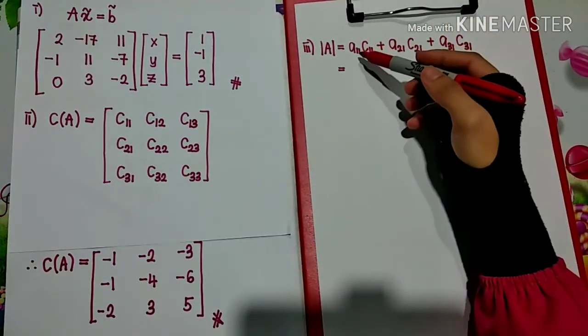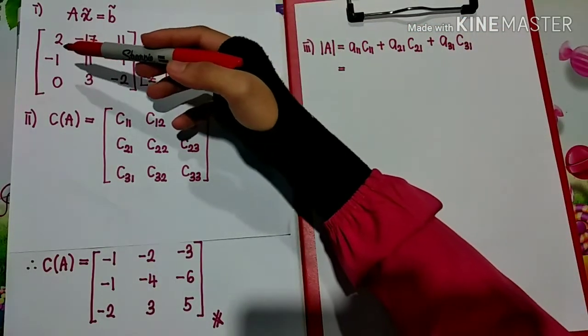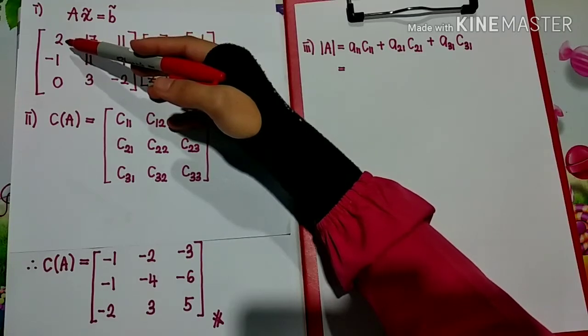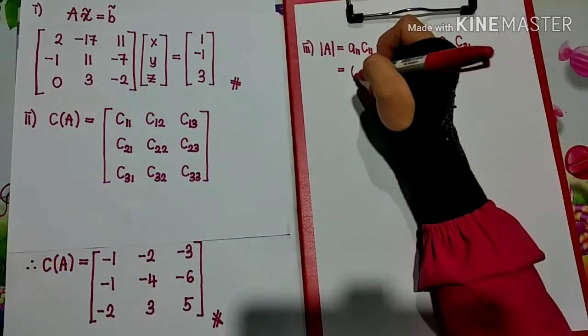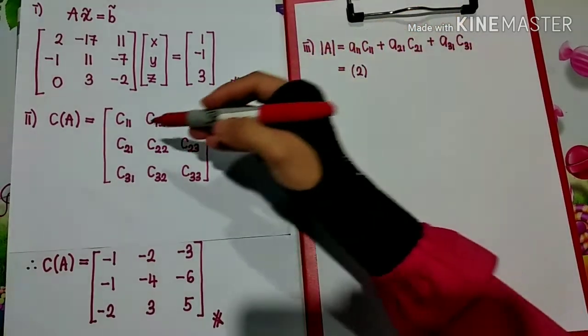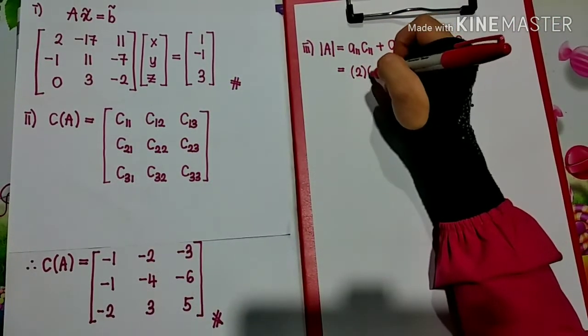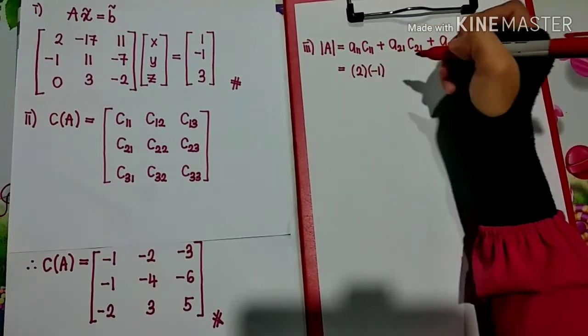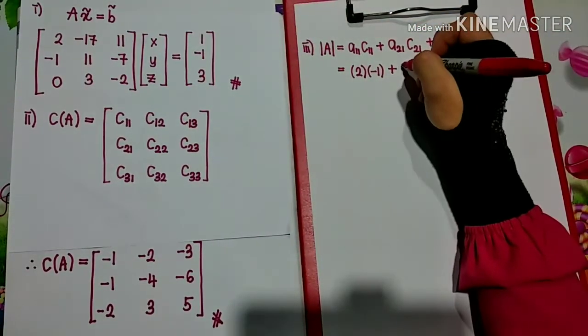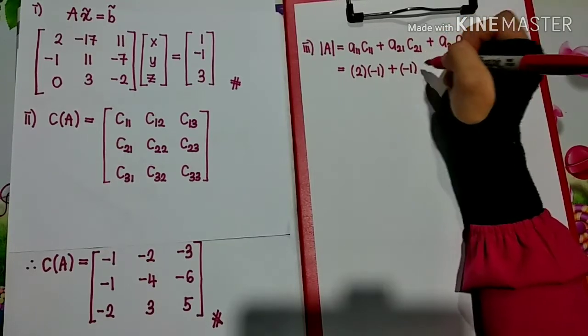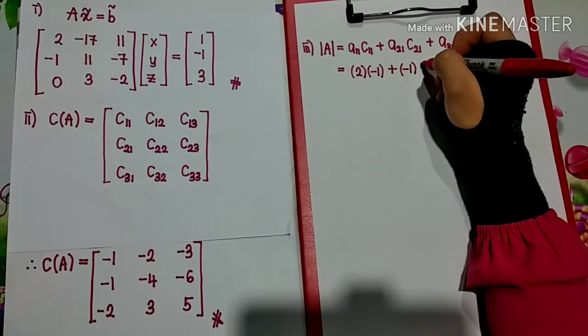Alright, so A11, remember you take from the coefficient matrix A here. So, A11 will be 2. And C11 will be negative 1. Plus A21, negative 1. C21, negative 1.